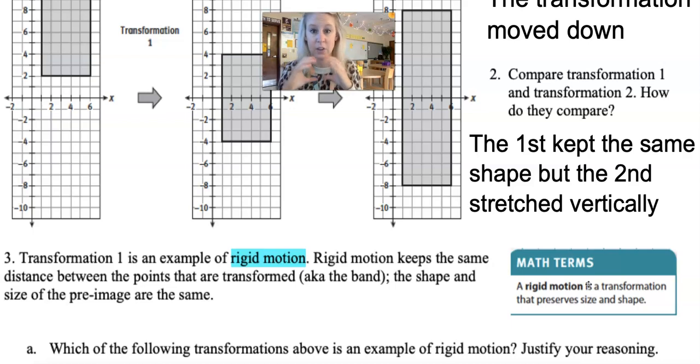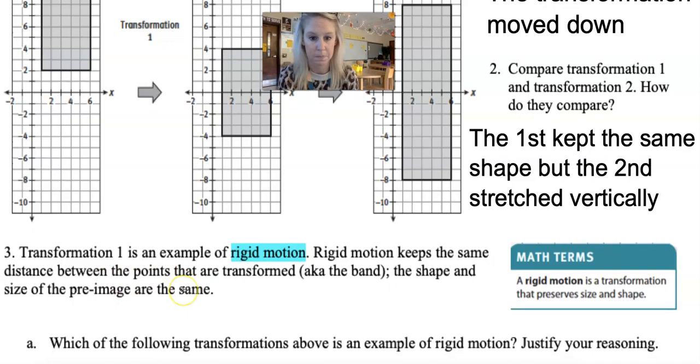It's like something very hard that can't be changed. So it's going to keep the same size and it's going to keep the same shape. So that is rigid. So rigid motion keeps the same distance between the 2 points that are transformed, aka the band. The shape and the size of the pre-image and the image are the same. The original image is the same as the new image.